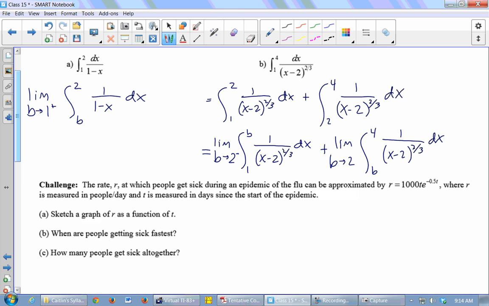Just trying to get as close to the asymptote as we can. So we'll be approaching from the right. In most cases, it doesn't really matter which direction you approach from because something's going to go to 0 anyway. But for the sake of being accurate, we'll write it down.